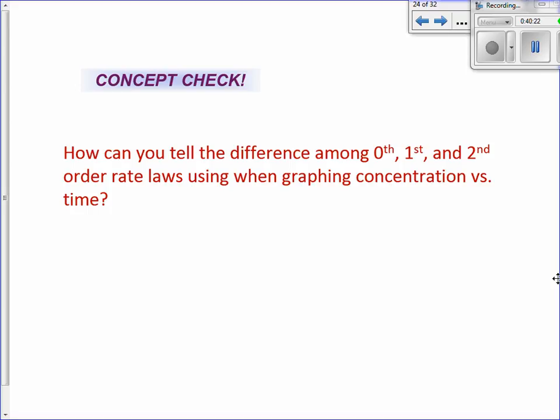when graphing concentrations versus time? What are you going to see in the graph specifically? Now we're graphing just regular concentration versus time. We're not doing natural log, we're not doing inverse, but how should they look if you were just doing regular concentration versus time?